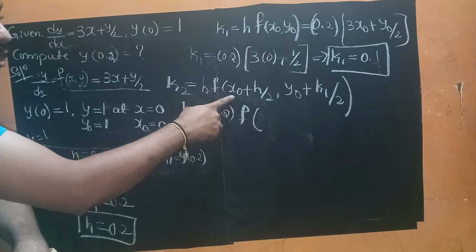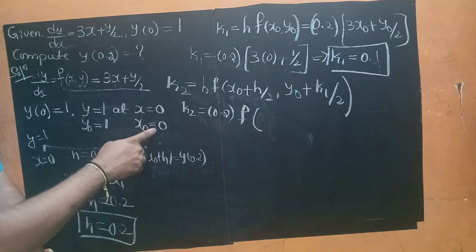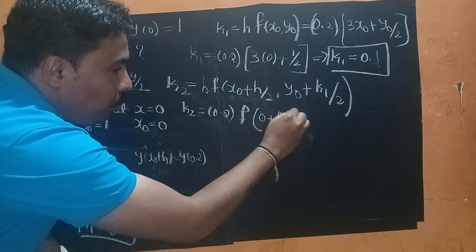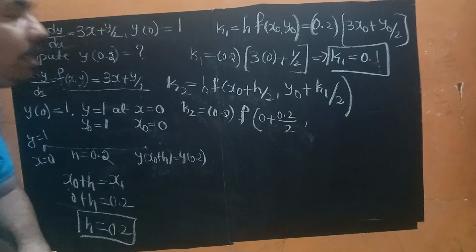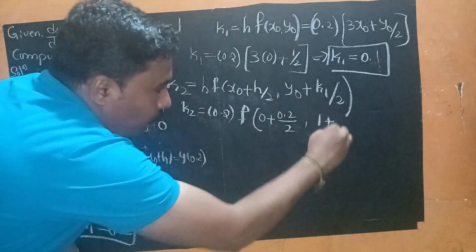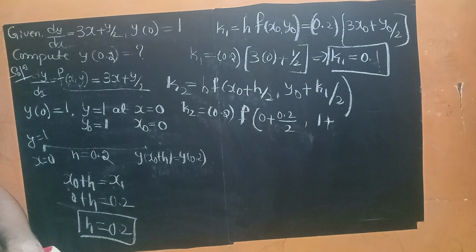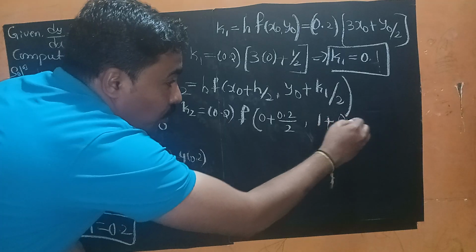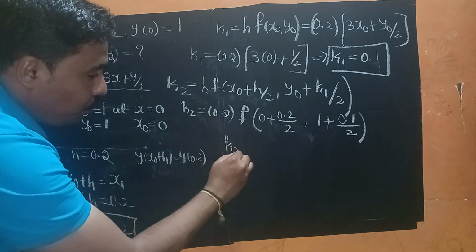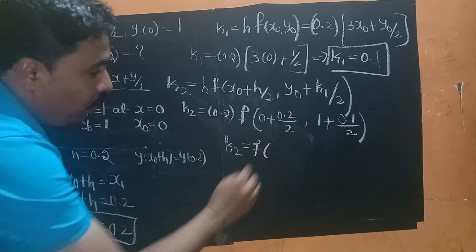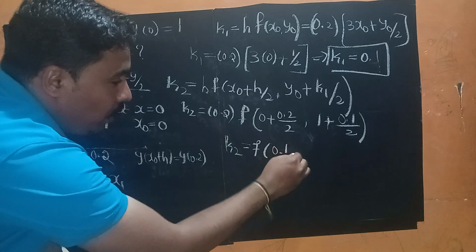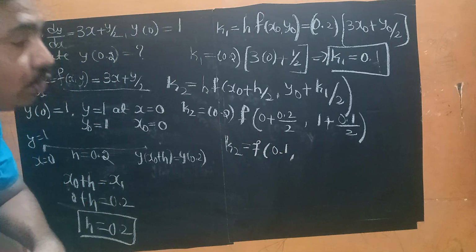So K2 equals h, which is 0.2. X0 is 0, h is 0.2, so 0 plus 0.2 by 2 comma y0. Y0 value is 1 plus K1, and K1 is 0.1, so 0.1 by 2. Now K2 becomes f of 0 plus 0.2 by 2, which is 0.1, comma 1 plus 0.1 by 2.